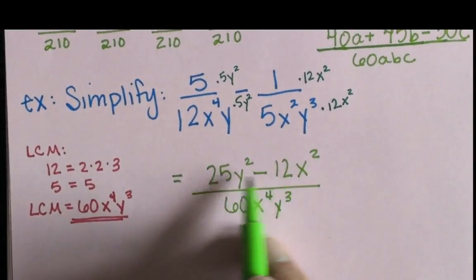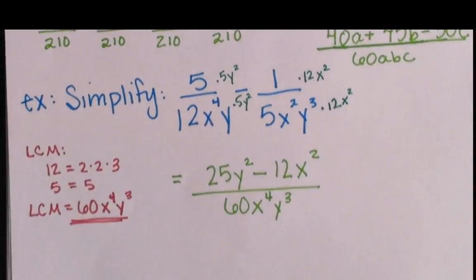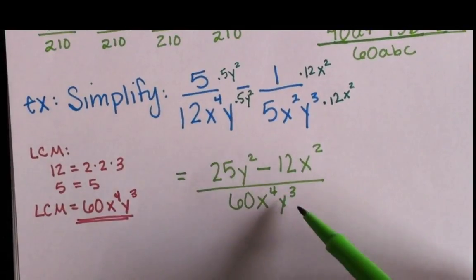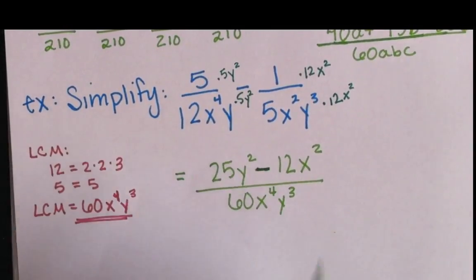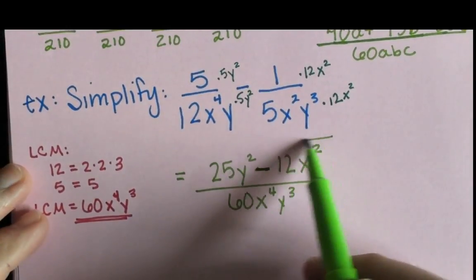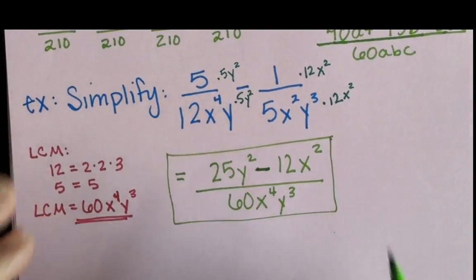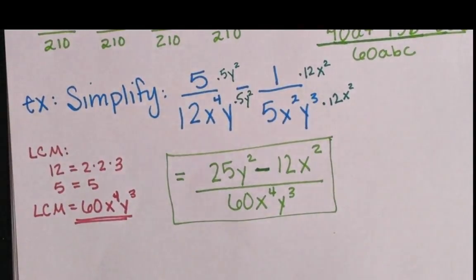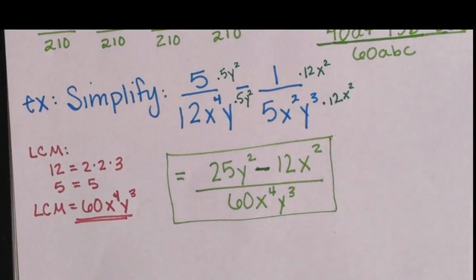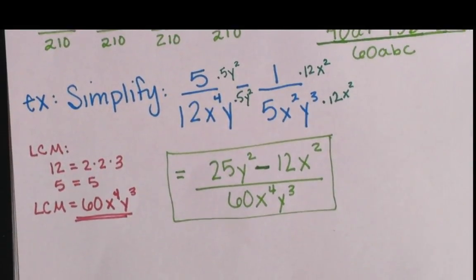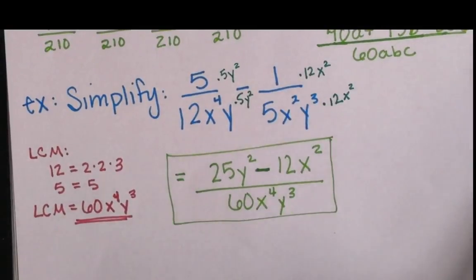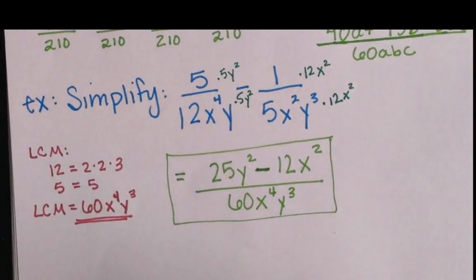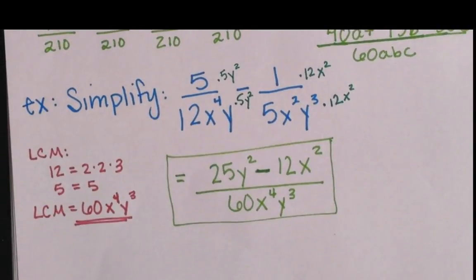There's no common factors between 25 and 12. And we don't cancel top to bottom because it's not multiplied. They are subtracted. So this would be our final answer. Now, I will say for whatever reason they don't talk about domain, and I just think the reason is because you've got so many variables going on that it's more of a let's get the process down.